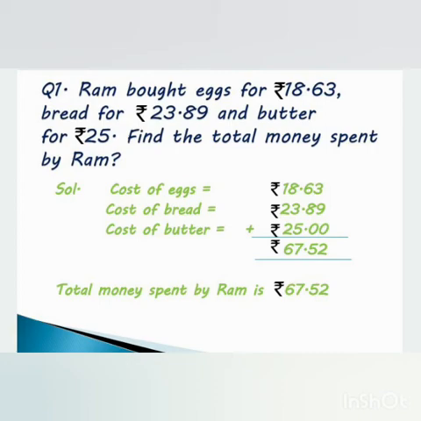Like cost of eggs is 18 rupees 63 paise, cost of bread is 23 rupees 89 paise and cost of butter is 25 rupees. By adding all these costs, we get the answer 67 rupees 52 paise. So, total money spent by Ram is 67 rupees 52 paise.